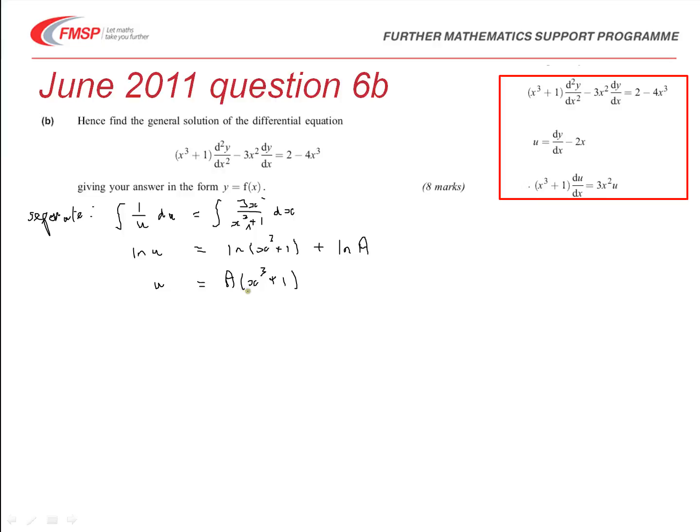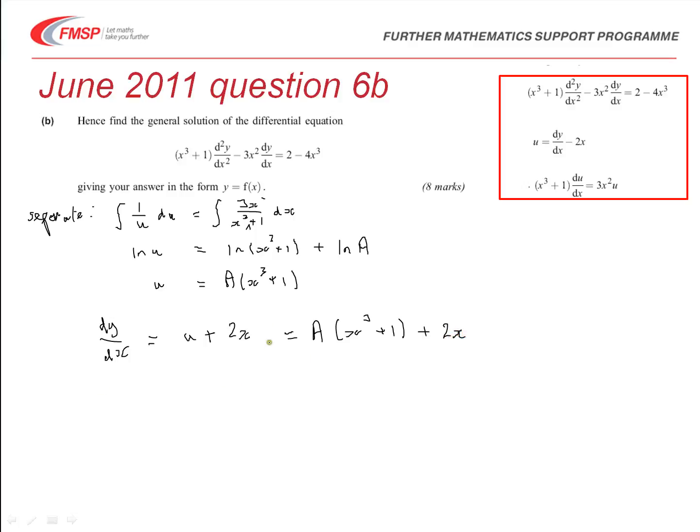So now we need to use the substitution. Well, the substitution told us that dy by dx is equal to u plus 2x. And in this case, we now know what u is, so this becomes a times x cubed plus 1 plus 2x.